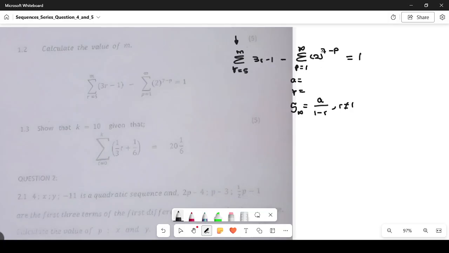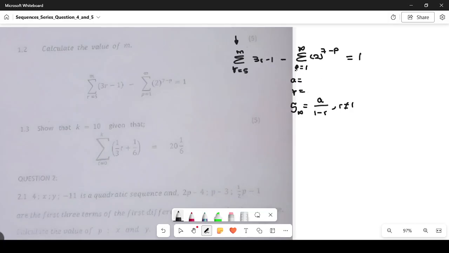Once we have it, we'll transpose the sum to the other side, equate to our value, and then solve for m. But first, let us determine what our a is.